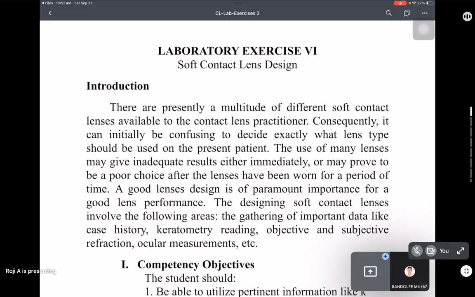I remember one time this lens maker gave samples of their contact lens. The first thing our students said, by observation, was that this contact lens is a lot thicker than what they use. So there's more lens awareness, meaning it's less comfortable. They can feel that they are wearing something, a foreign body.